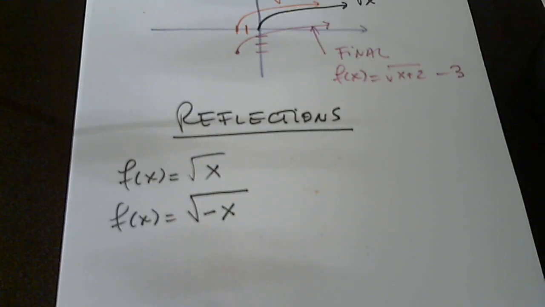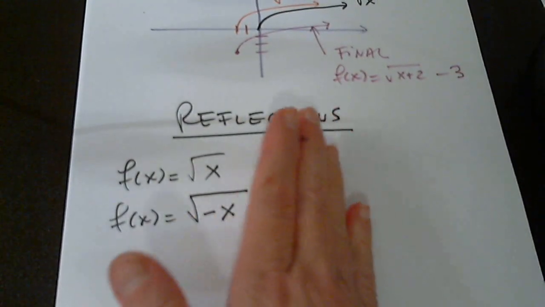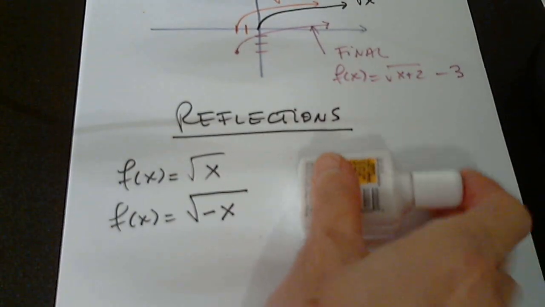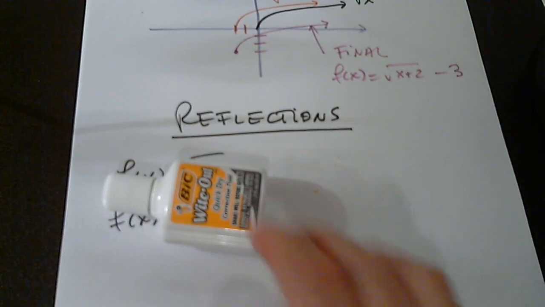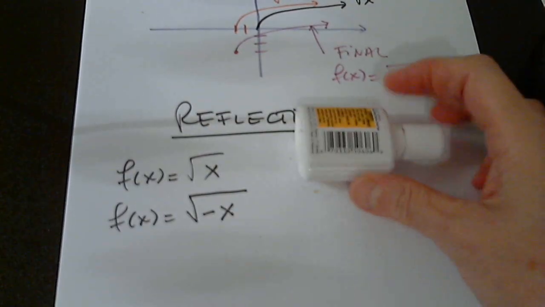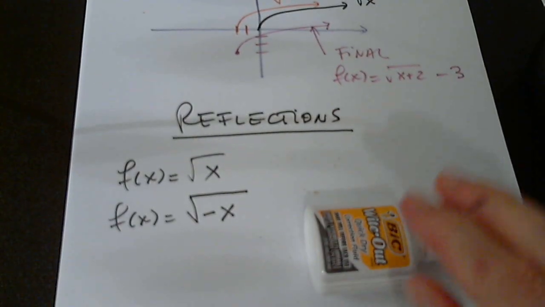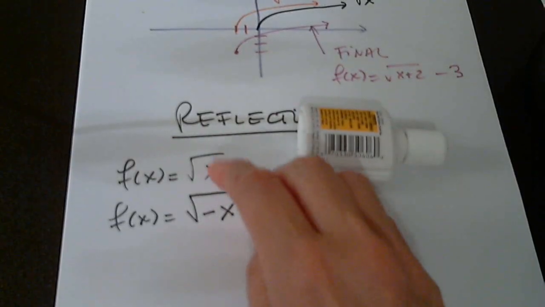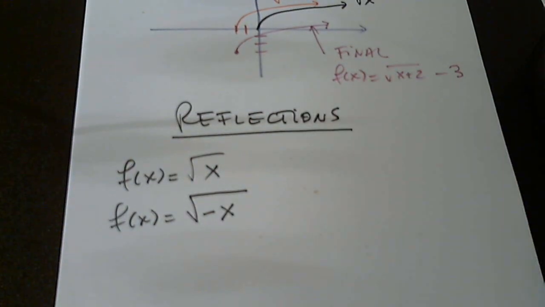So when I change x from positive x to negative x, and when I'm changing y, I'm changing y from positive y to negative y, or from negative y to positive y. So when I change x, it's always a reflection with respect to the y-axis.